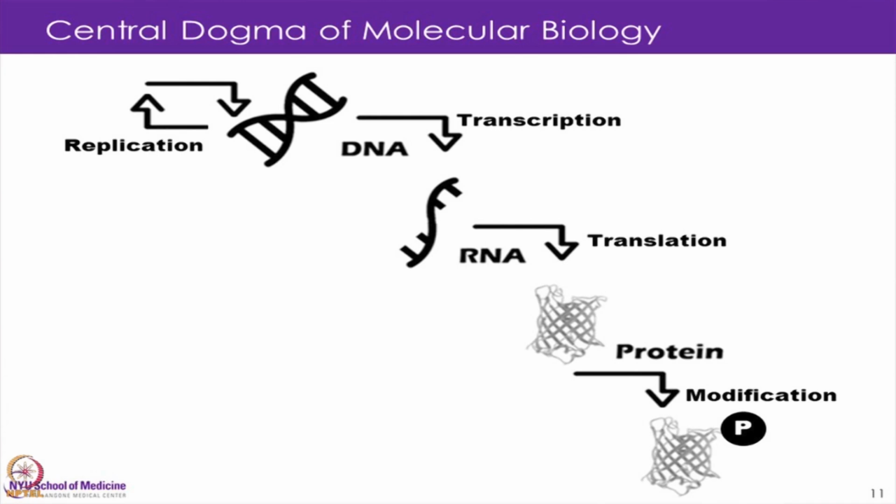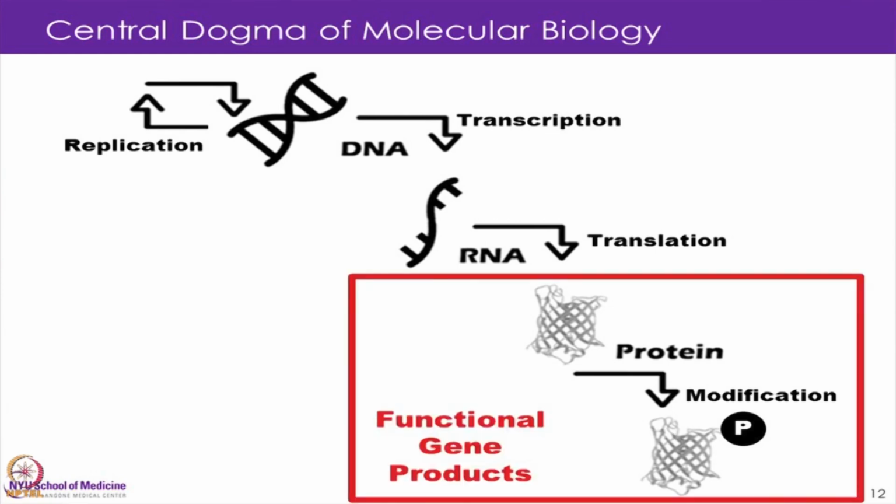That's what we usually do in CPTAC. For some projects we have other types of measurements, but these are at least the basic measurements. So we can look at how these relationships are. As was already mentioned several times, the proteins and the modifications are the functional gene products. That's what makes the phenotype.